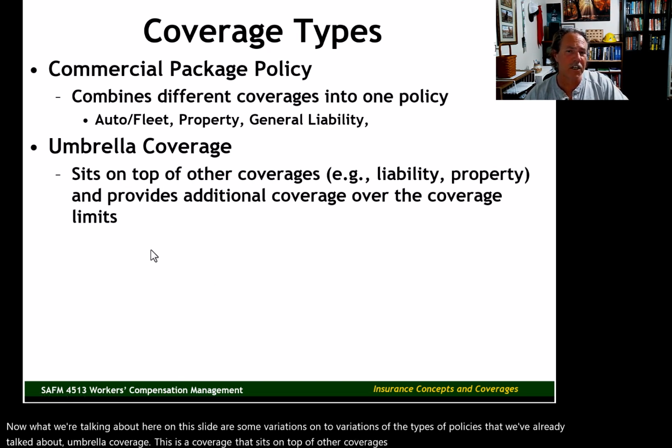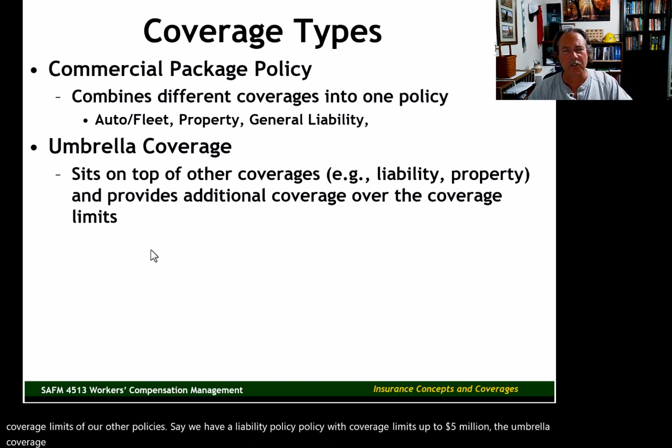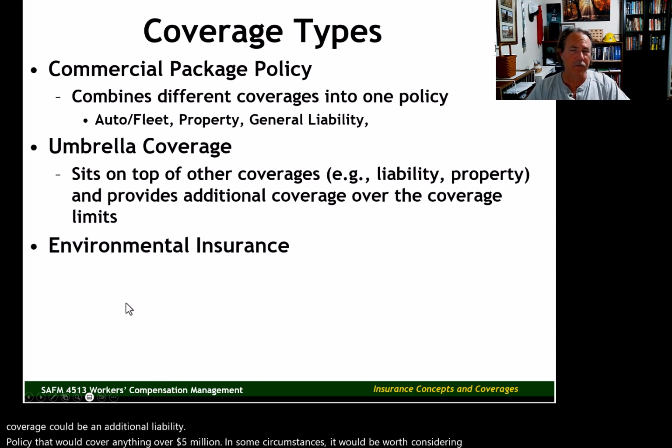It provides additional coverage over the coverage limits of our other policies. Say we have a liability policy with coverage limits up to $5 million. Well, the umbrella coverage could be an additional liability policy that would cover anything over $5 million. In some circumstances, it would be worth considering this type of coverage.